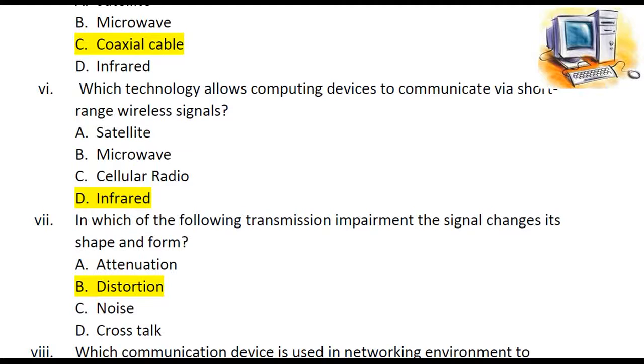Microwave is also a wide area network technology. Cellular networks are also a wide area network. But infrared falls into the category of local area network, or sometimes we call it personal area network, because devices can communicate within a few meters of distance.